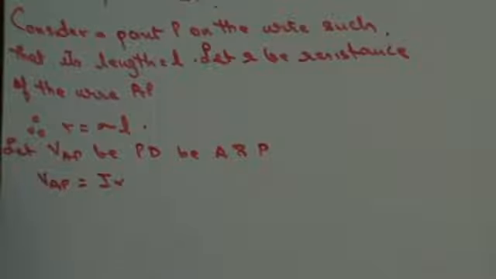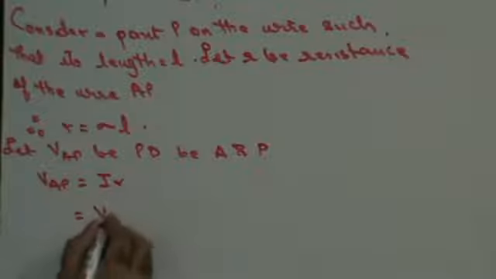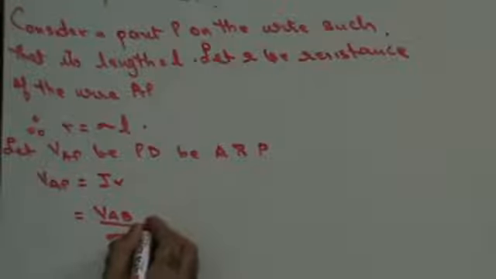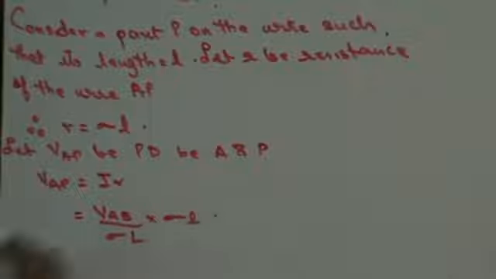We have already found current as VAB upon sigma L, and R as sigma l. So we will get this as VAB into l upon L.